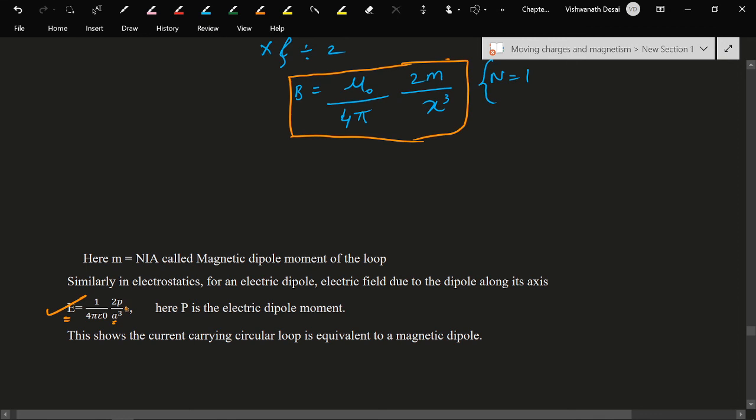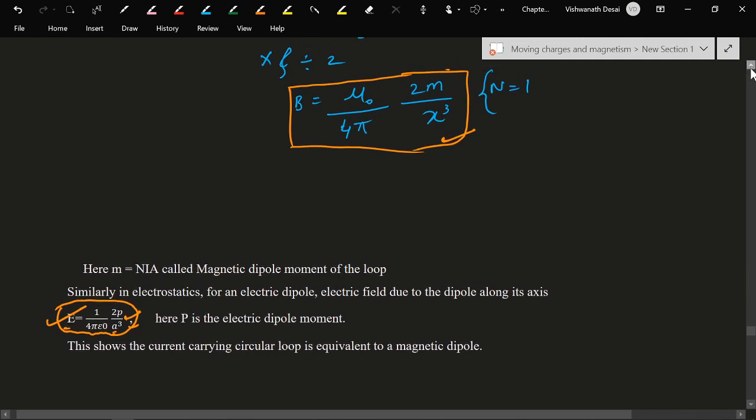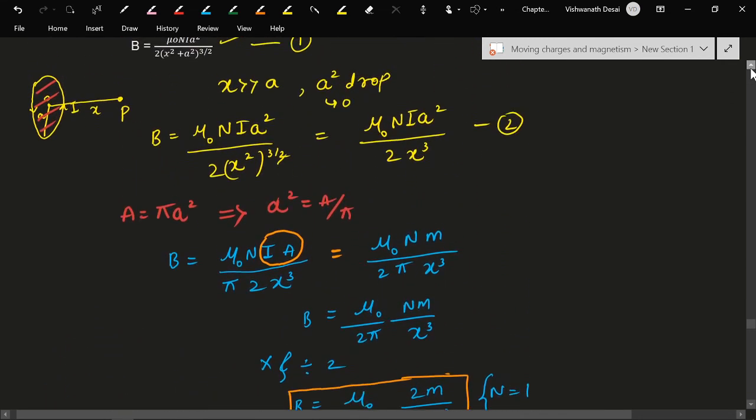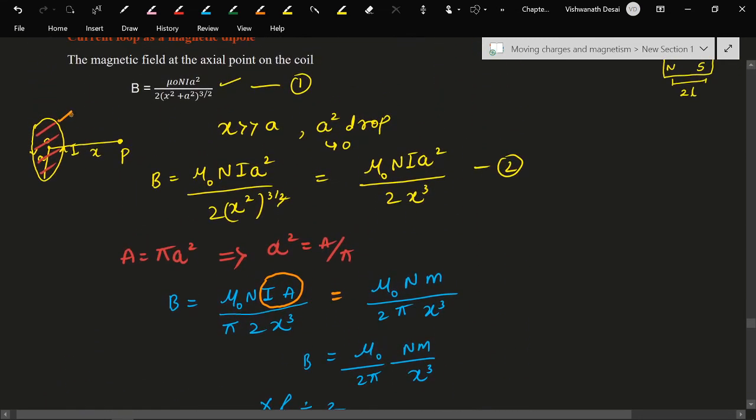So this equation looks exactly like that equation. That one is for the electric dipole moment, and since this one is similar, we call the circular current loop similar to a magnetic dipole.